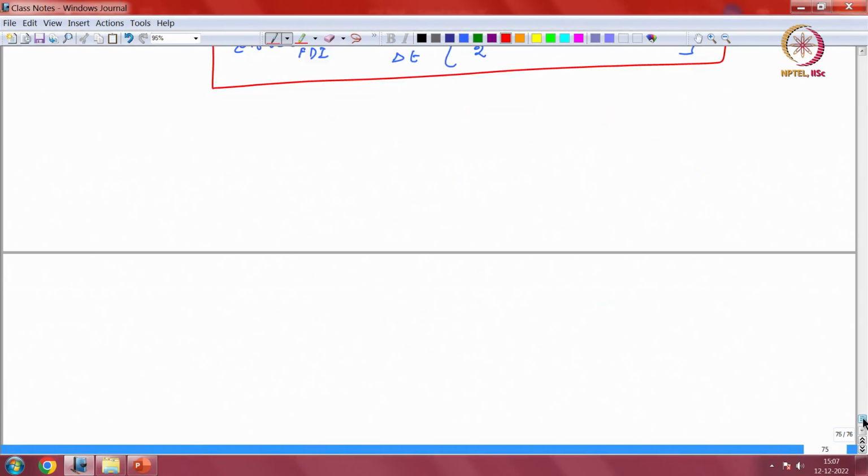Before we do that, let us go ahead and calculate the error in the central difference method, which we already wrote down as x t plus delta t minus x t minus delta t by 2 delta t minus my u, right?